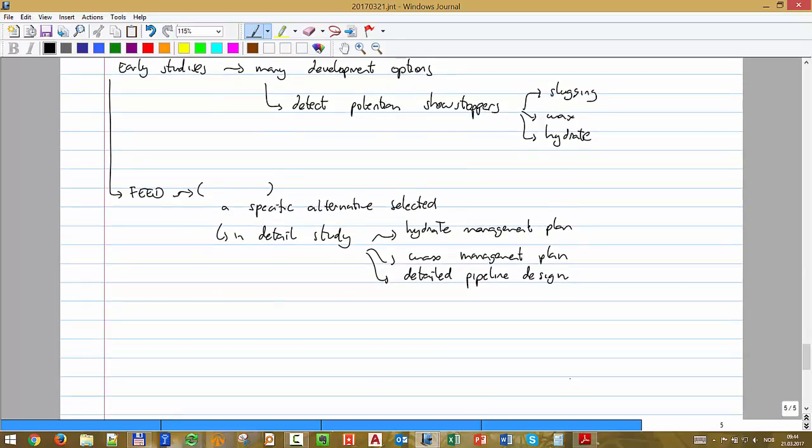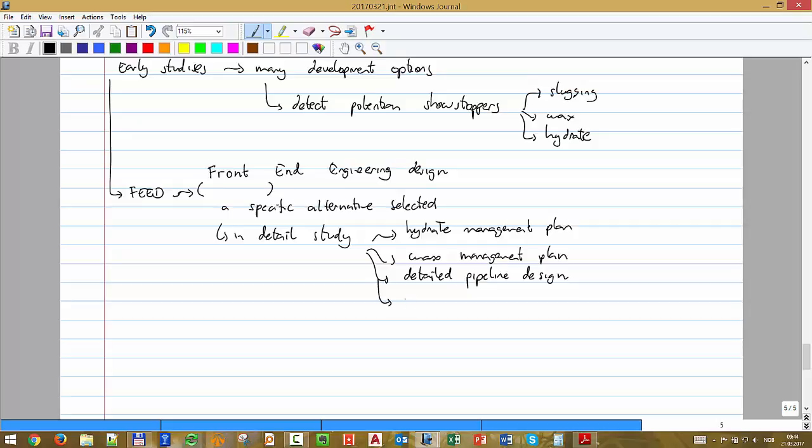Do you remember? Front-end engineering design. Yes, front-end engineering design, where we are narrowing down on every small detail of the alternative that we think is the most appropriate.